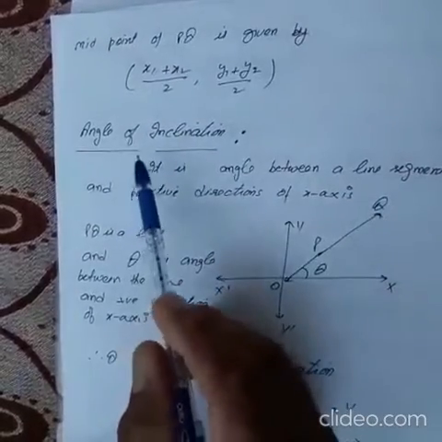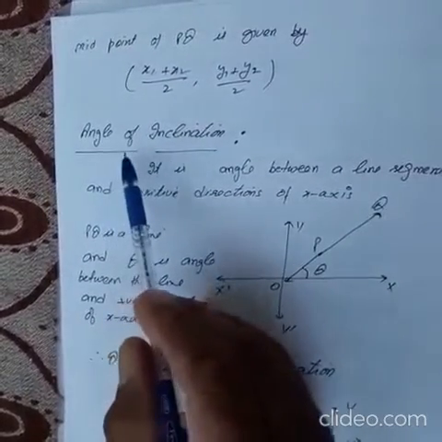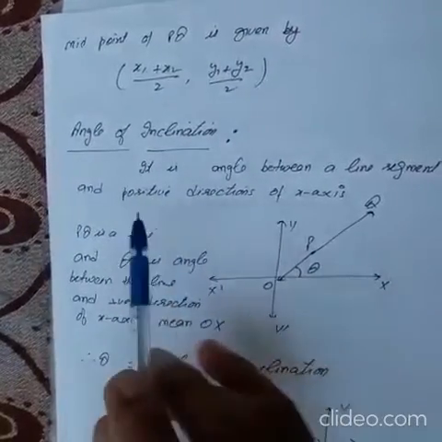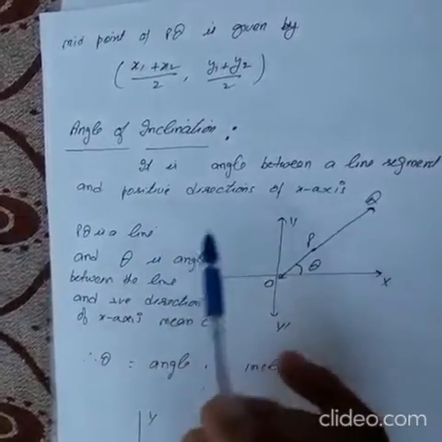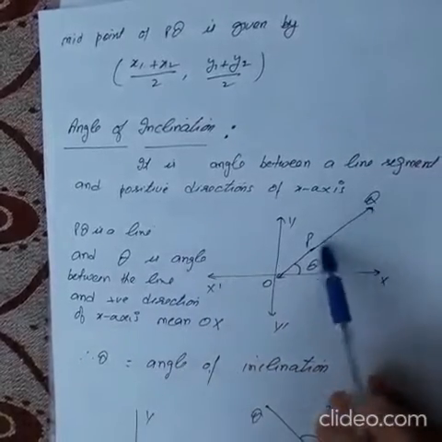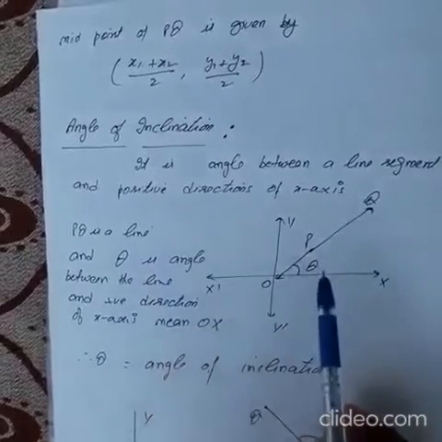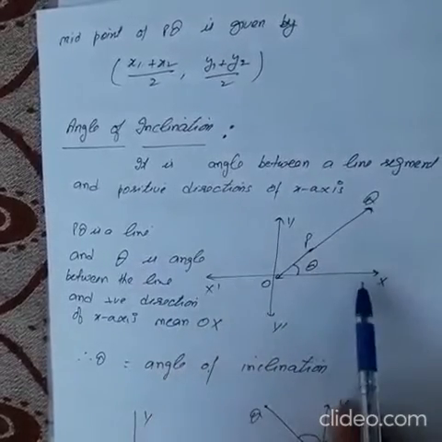Now for this class we have the first concept, that is angle of inclination. It is the angle between the line segment, let PQ be a line segment, and the positive direction of the x-axis.